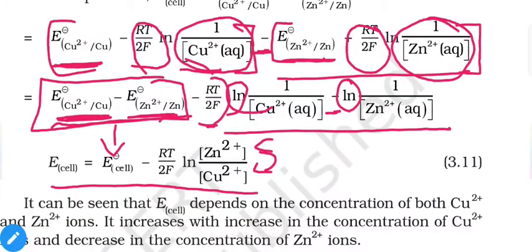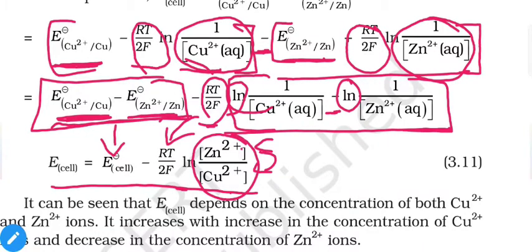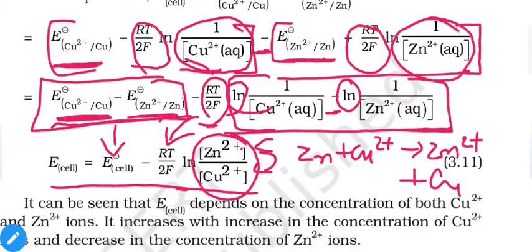Now RT upon 2F is common for both of them, and this whole equation will be reduced as ln of Zn2+ upon Cu2+. That means this also represents the equilibrium constant for our full reaction. Our full reaction is Zn metal plus Cu2+ ions giving Zn2+ and Cu metal.